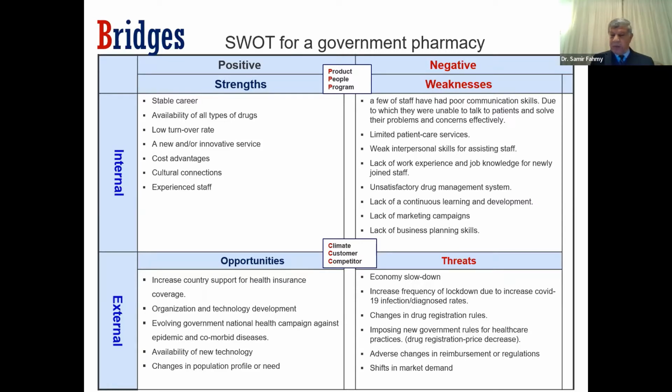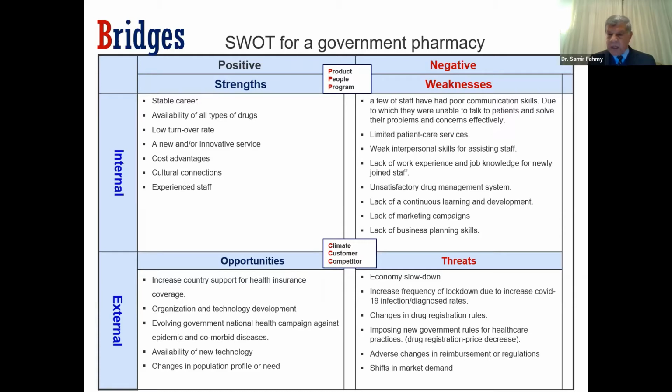Sometimes you move people from the stores to the dispensing area or inpatient pharmacy. Once you do this, you have to consider that those who are not capable of dealing with patients and do not have enough communication skills are an area for development. Then you prepare a program to teach them some tips or effective communication skills, so they will be ready to work effectively in the new position.